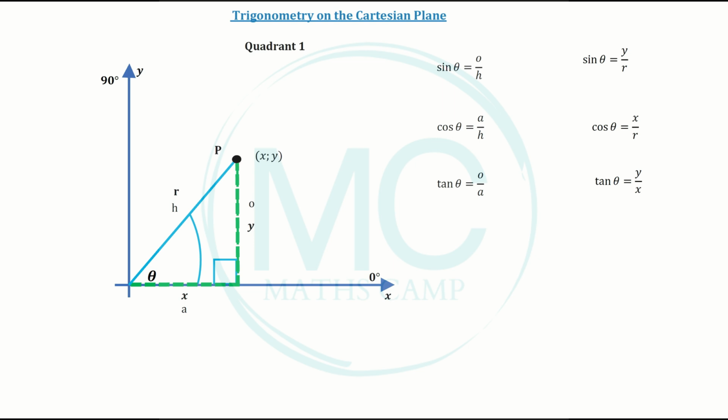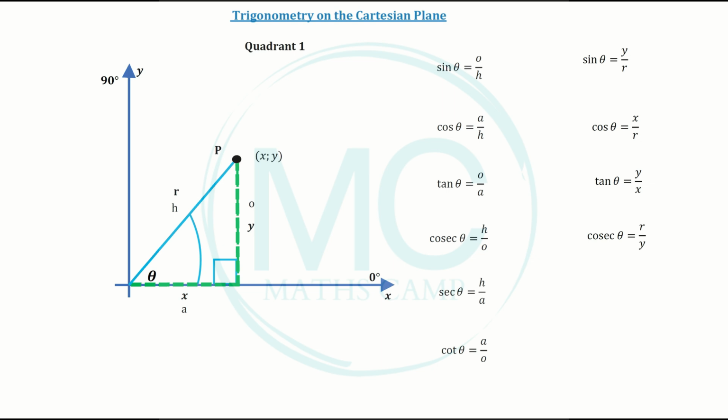In our previous videos, we also learned about reciprocal ratios. We learned that cosec theta is equal to the hypotenuse over the opposite side. Sec theta is equal to the hypotenuse over the adjacent side. And cot theta is equal to the adjacent side over the opposite side. Now the hypotenuse is r and the opposite side is y. So when working with the Cartesian plane, we see that cosec theta is equal to r over y.